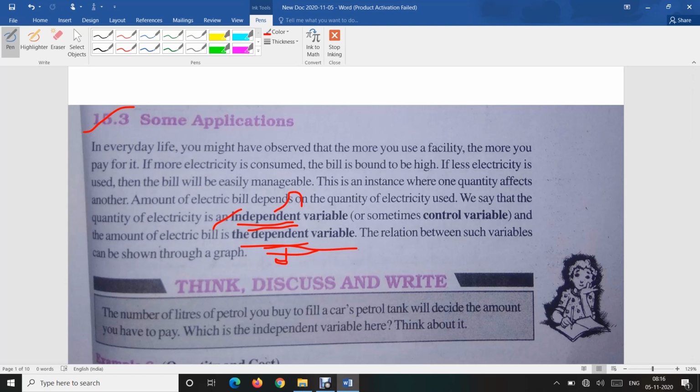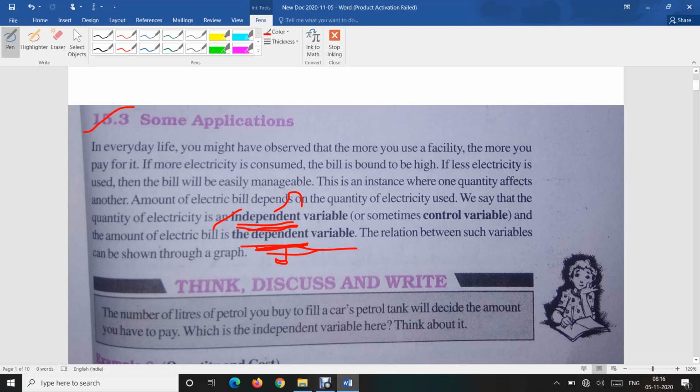A dependent variable is a quantity whose value depends on another quantity, and an independent variable is the opposite of the dependent.